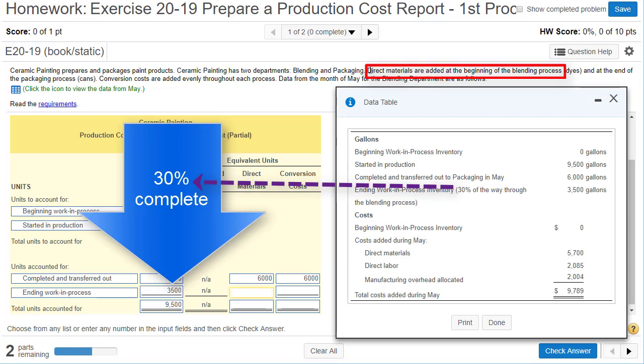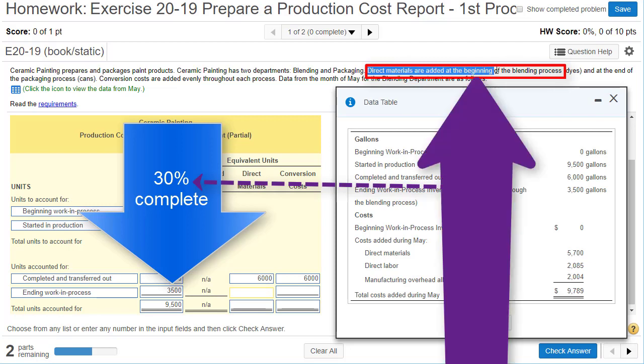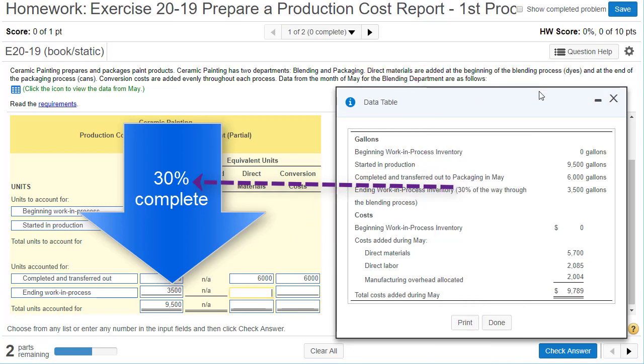Well, up here it says the direct materials are added at the beginning of the process. So any unit that was started already has all the direct materials costs attached to it, which are the dyes. So since they've all been started and direct materials have been added at the beginning of the process, then 100% of them have the direct materials costs.